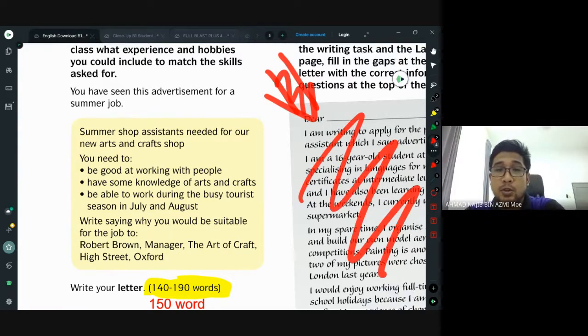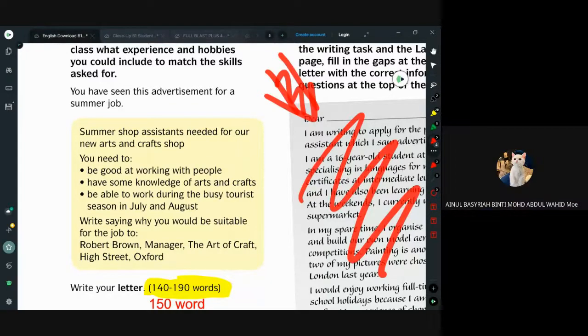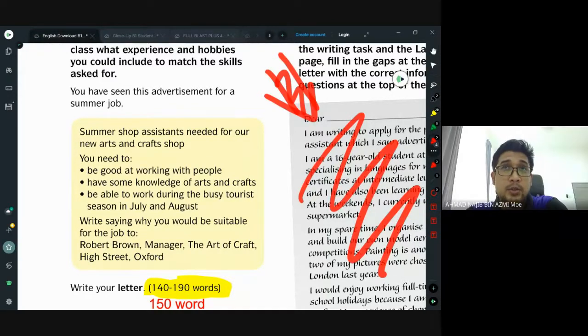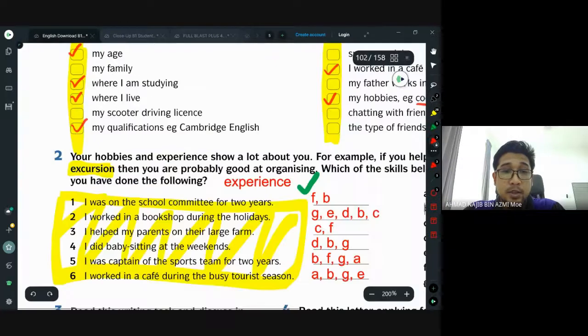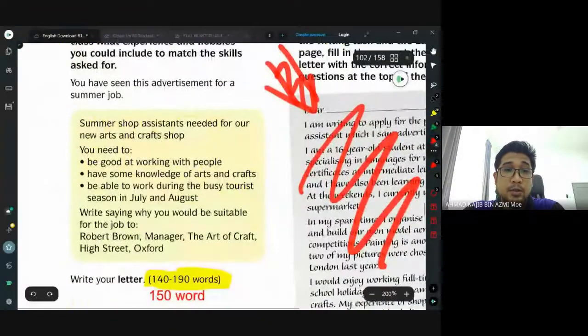Good at working with people. Apa contohnya pengalaman, experience that you can say you are good with working with people? Promoter. You could say, okay, maybe you could say that you worked as a promoter in a supermarket. Or if you refer to the ones above here, yang nombor 2 ni kan, apa lagi kita boleh bagi?